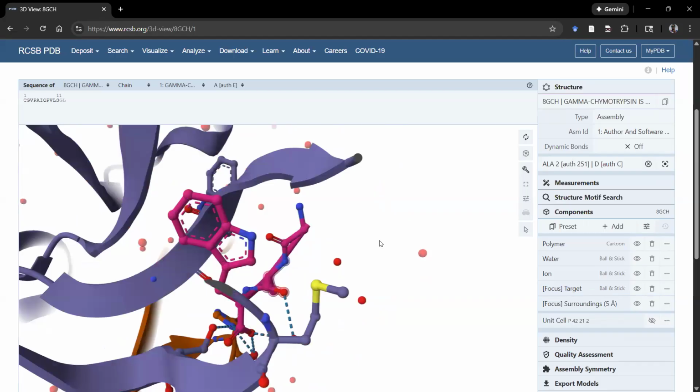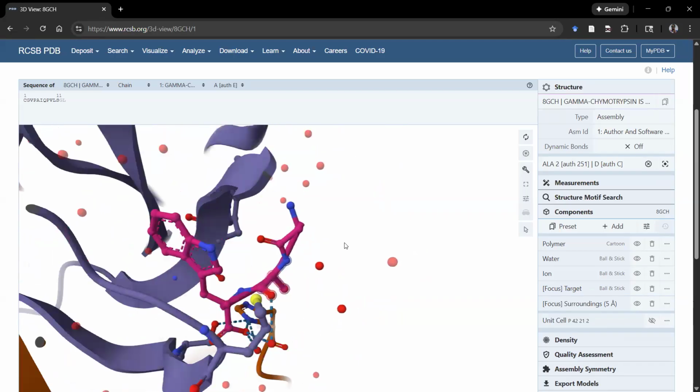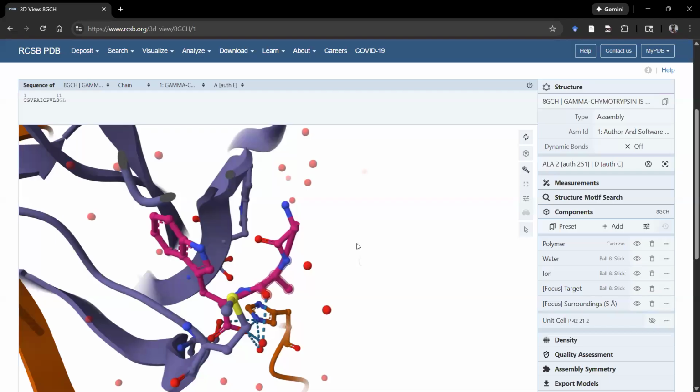This is the tryptophan side chain. It's a large aromatic side chain. And this is the amino terminus that's been cleaved. And there should be a C terminus somewhere on this side as well. Okay, so this is the leftovers of the process. One of the components has left, and we're just left with this here.